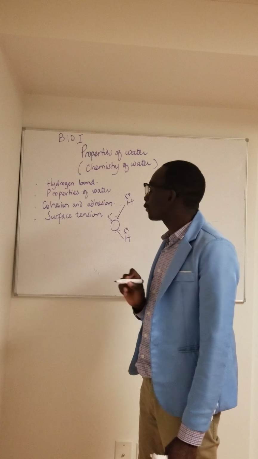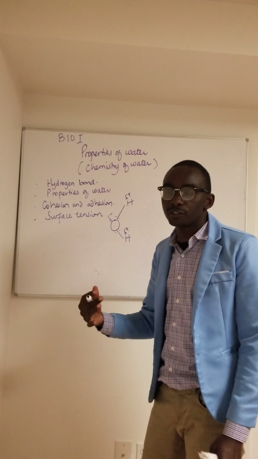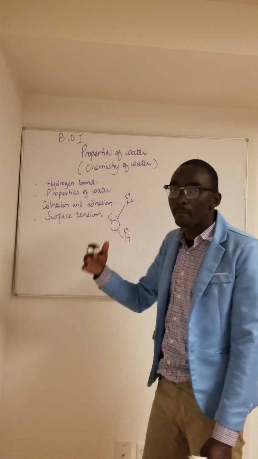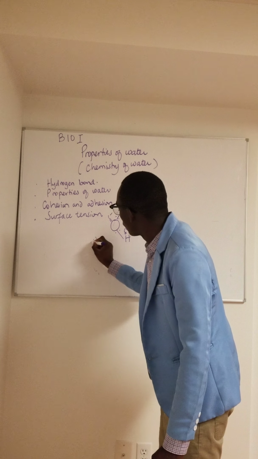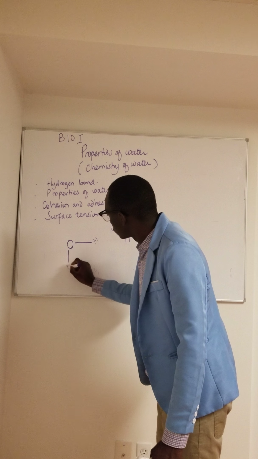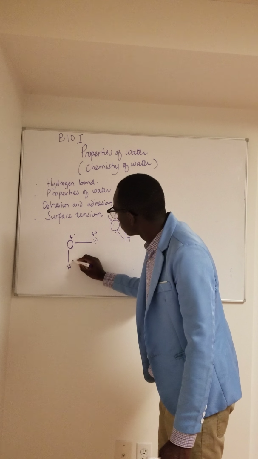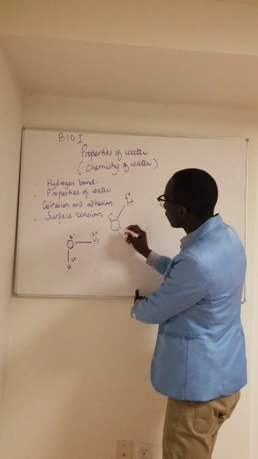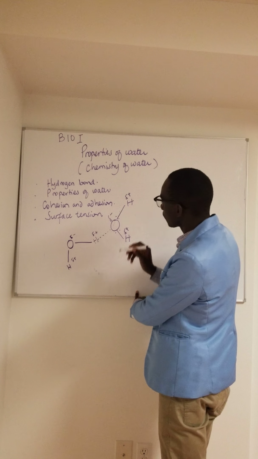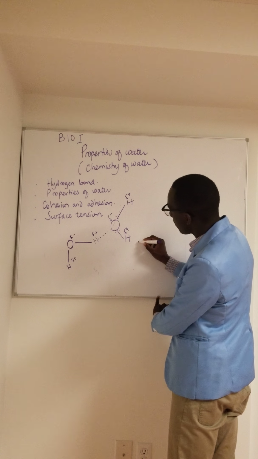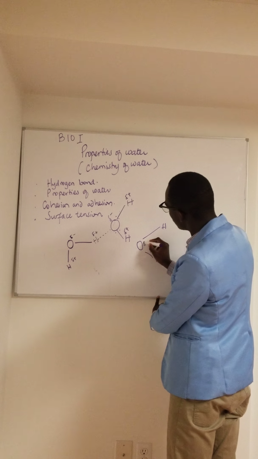This electronegative oxygen is going to pull the positive hydrogens from the nearby molecule of water. So this is what will happen. If this is another molecule of water, still electronegative, this oxygen will pull this hydrogen, and the nearby oxygen of another water molecule will do the same.